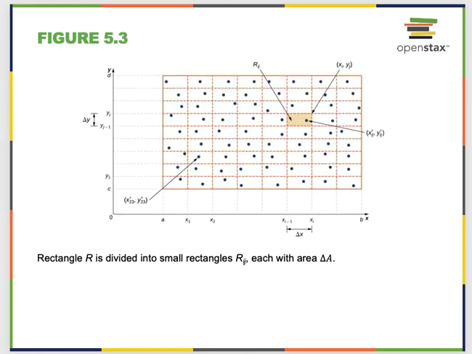Might come over here and imagine partitioning up that rectangle R into a bunch of subrectangles, and then going ahead and taking sample points in each of those subrectangles, and then what? Evaluate the function there, and then what?